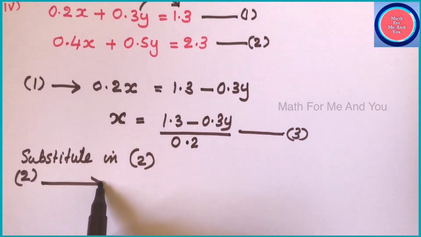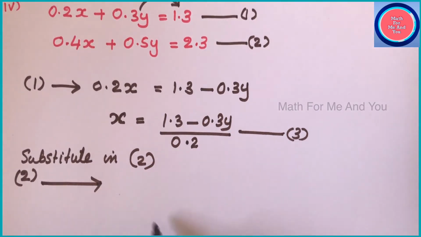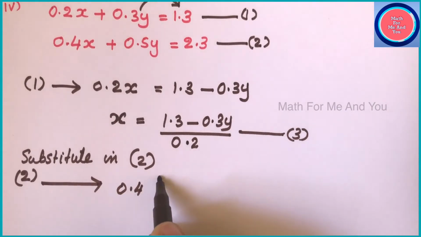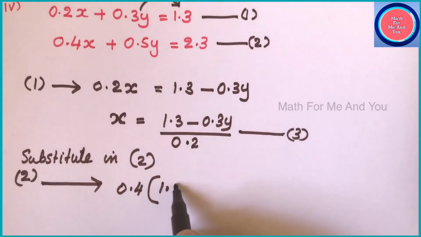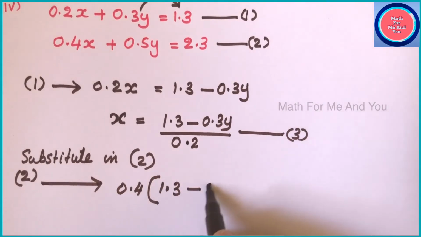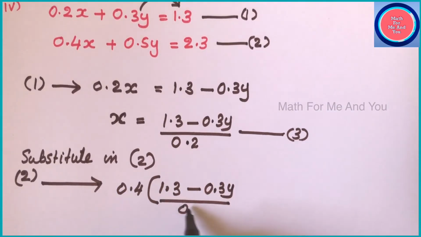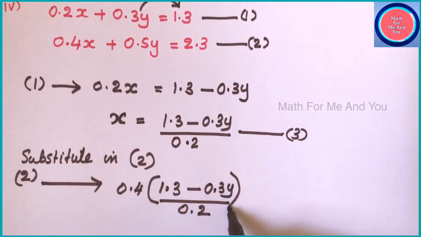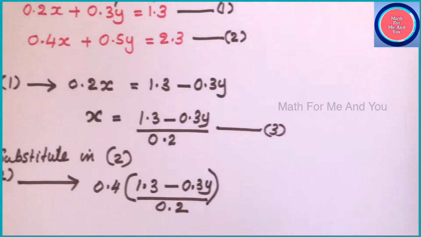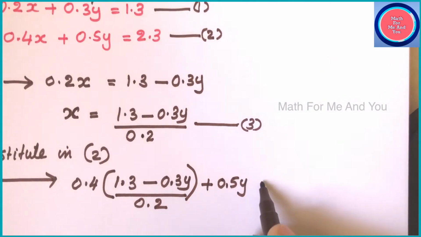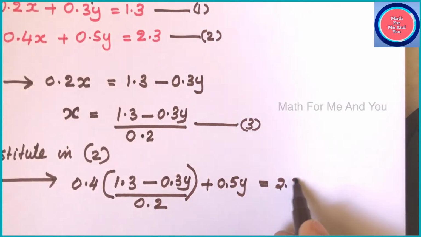So equation 2 becomes 0.4x, the first term. It becomes 0.4 times the new value of x, which is 1.3 minus 0.3y all divided by 0.2, plus 0.5y, same we write. And the right side is 2.3.